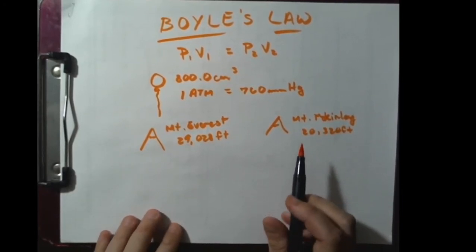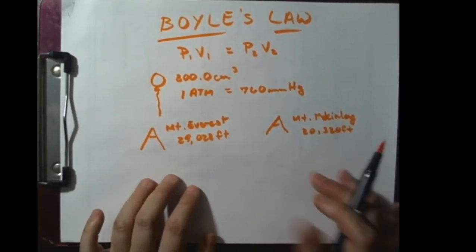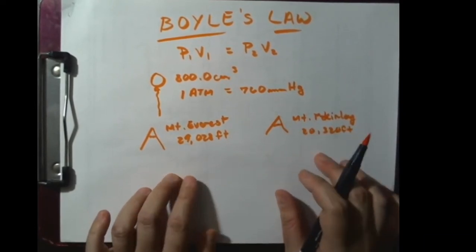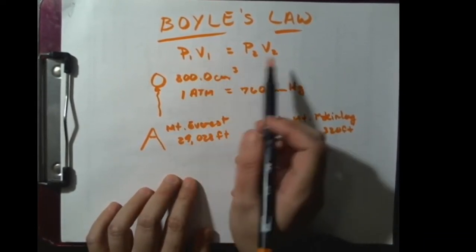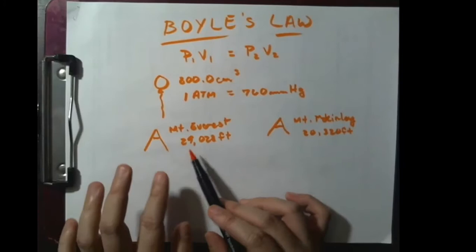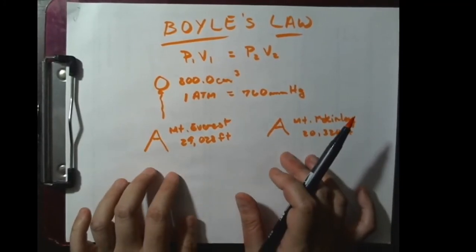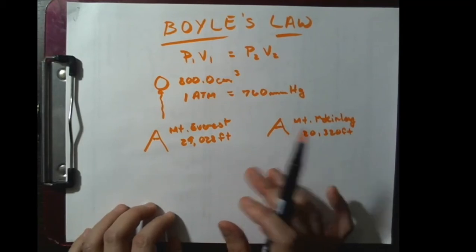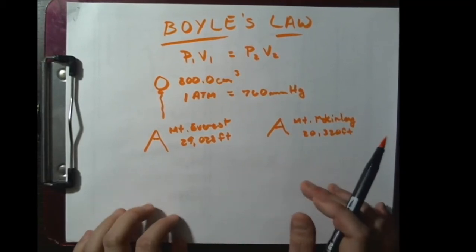Now, what's important here is that it's giving us this information first. And as you can see from our formula, there's absolutely no room for altitude. The information they're giving here is for the first part of the question, where you're predicting on which mountain the balloon will have the largest volume.